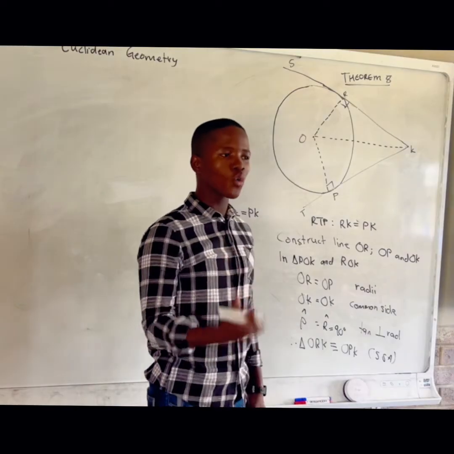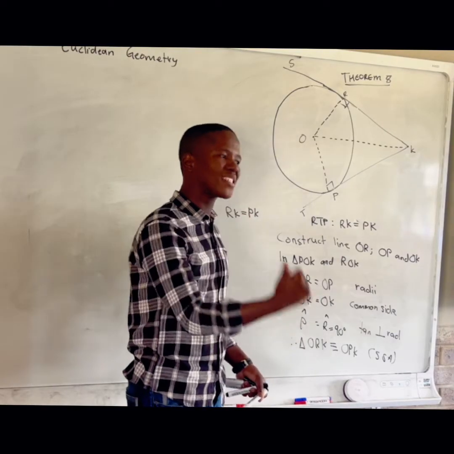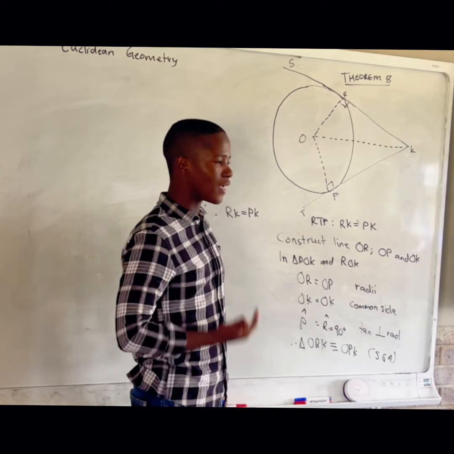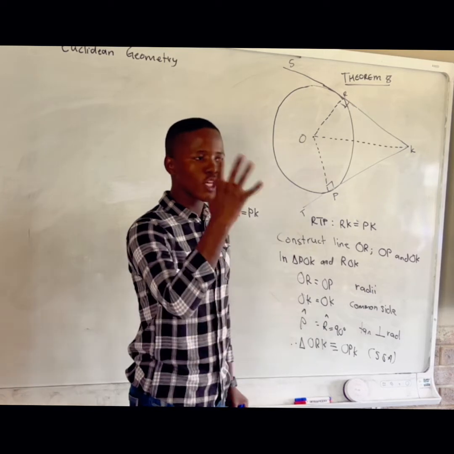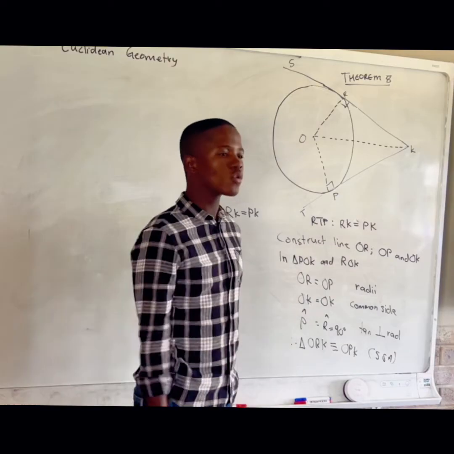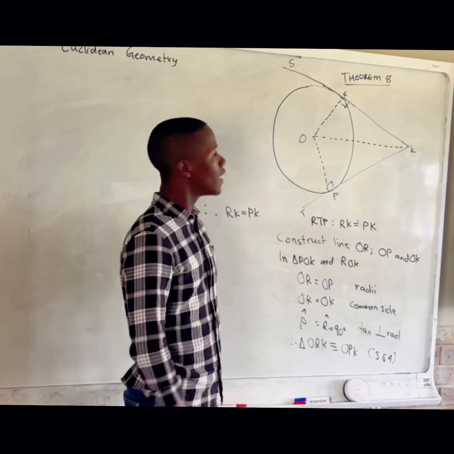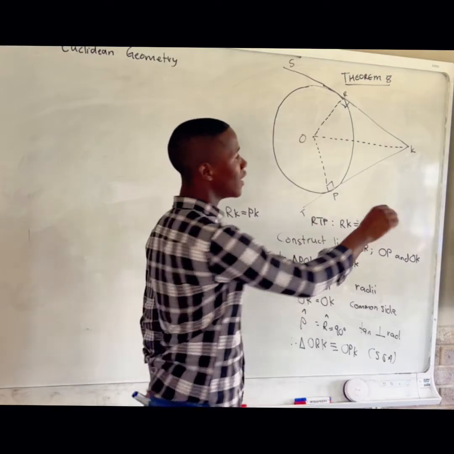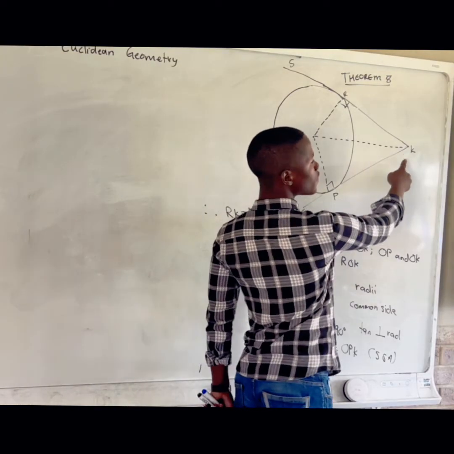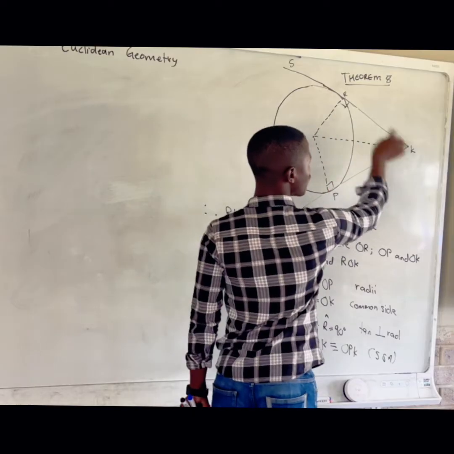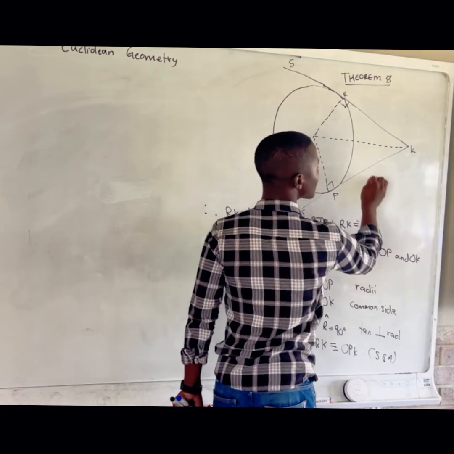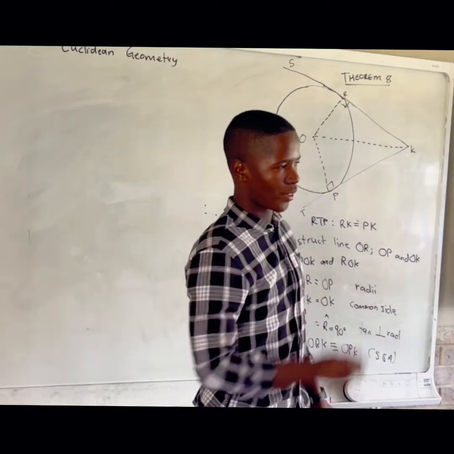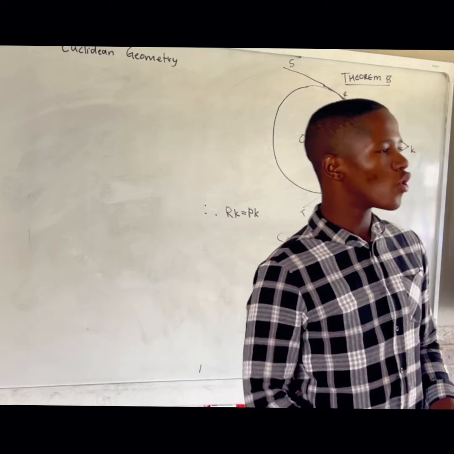If they are congruent, they are the same in length and also the same in angles, so these sides are also congruent. This is Theorem 8, which states that if you draw tangents from the same point, these tangents are going to be equal in length.